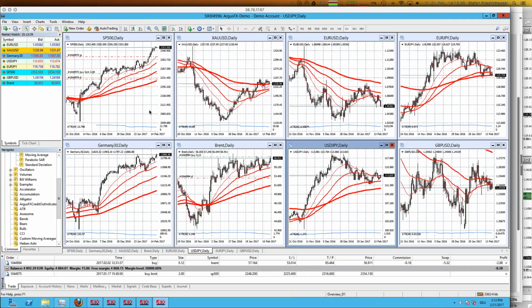Let's start with a negative example. If we look at the S&P 500, in the upper left corner, then it's quite obvious that this underlying, the S&P 500, is definitely not a trading opportunity according to that setup right now.